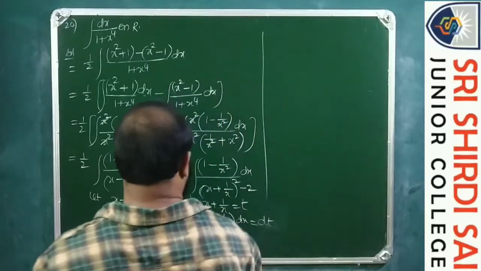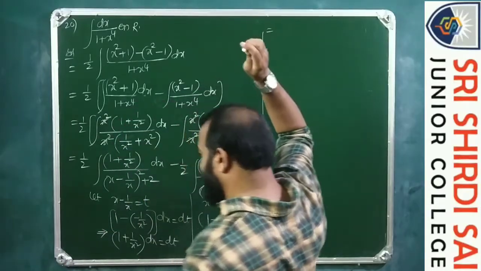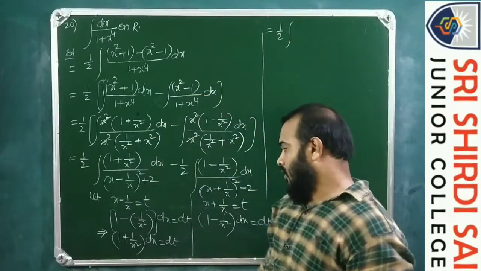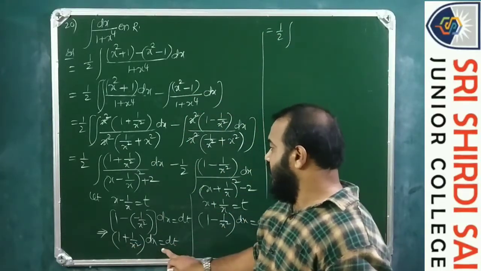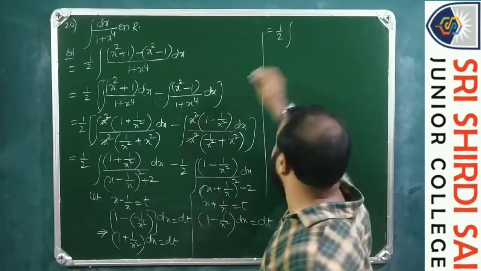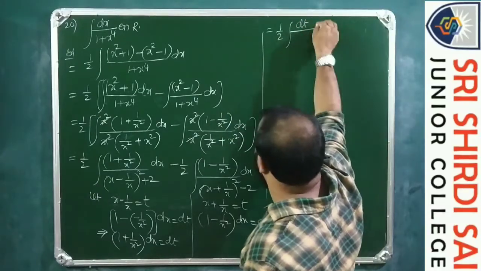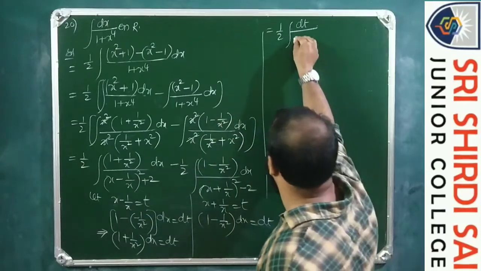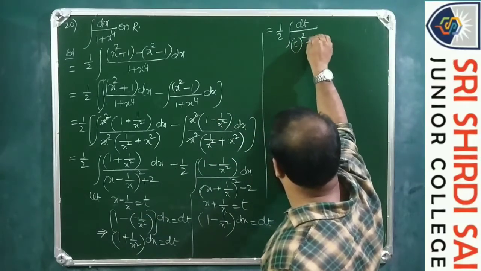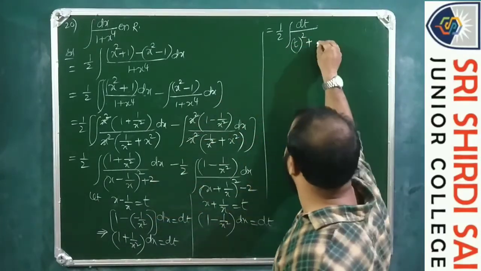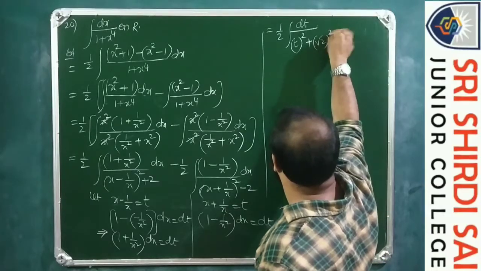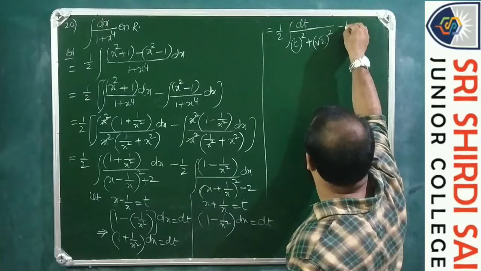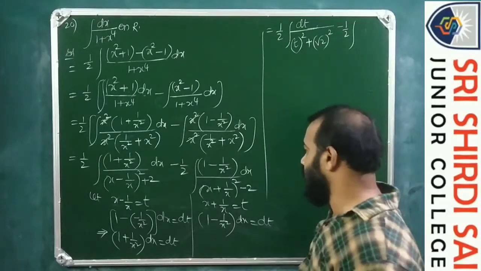So this implies 1 by 2. Here 1 plus 1 by x square dx, this is dt by this is x minus 1 by x is t square plus 2 is written as root 2 whole square, minus 1 by 2.